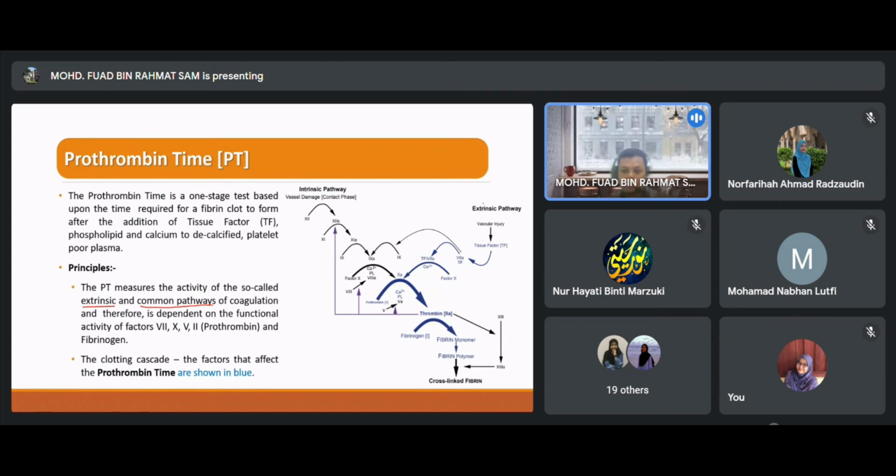Kalau lihat pada figure ni, it involves the extrinsic pathway and also the common pathway. Okay, so dalam extrinsic pathway ni ada dua benda, which is factor number 3 and also number 7, and the rest ialah common pathway. Intrinsic pathway tak terlibat dalam measuring the prothrombin time.